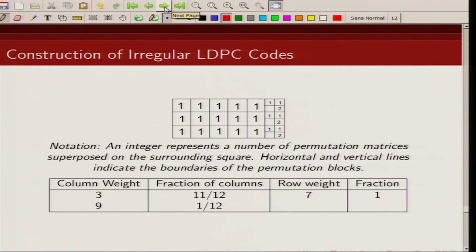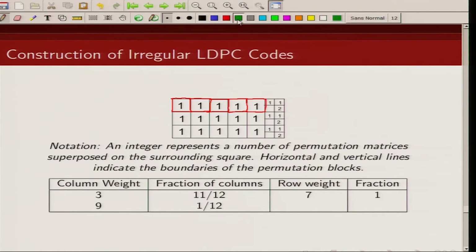So, again I am splitting this up. This is my rate half code, so it is n by 2n, and each of them are n/6 by n/6 matrices.